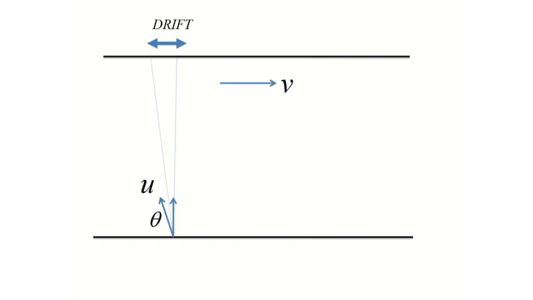We want drift minimum, so it is obvious he will swim in opposite direction of the velocity of river.